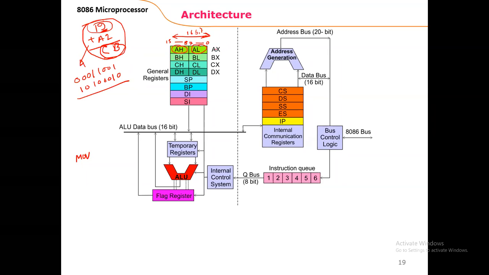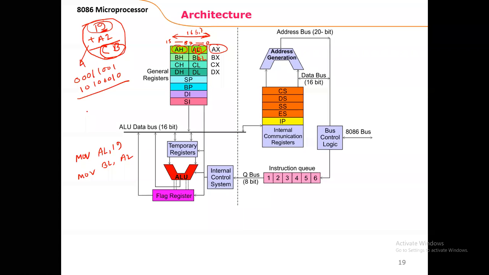But if we use 16-bit, then the names are AX and so on. Suppose we use 8-bit, so we transfer data to the AL register: MOV AL, 19. Now the AL register holds 19. Now MOV BL, A2. Now your BL register data is A2. Just transferring to the registers.